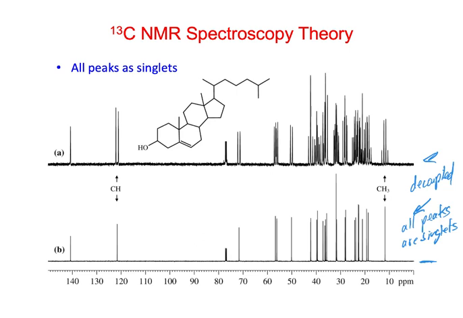We still have the same constraints as far as seeing every carbon, that there could be symmetry in the molecule, so some peaks could be the same, essentially. Or we could have some that were just coincidentally overlapped as well.